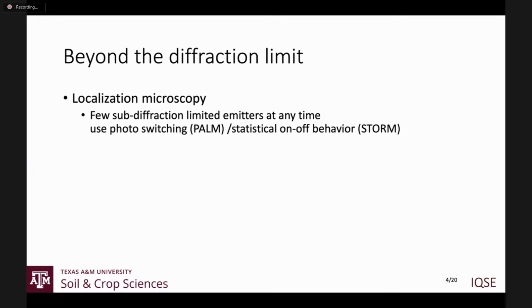You fit the peak of this diffraction limited spot, and with that you get a higher resolution. That gives you a scalable improvement. The longer you measure, the longer you get signal from a single emitter, the more precisely you can determine its position. It works very well with thin samples, but it needs very specific conditions.